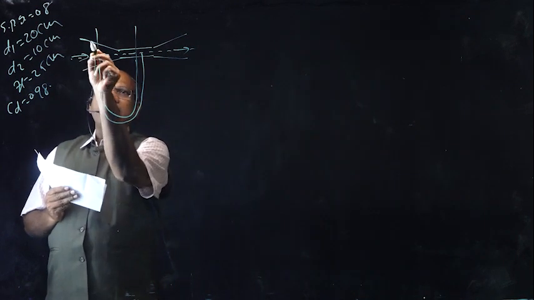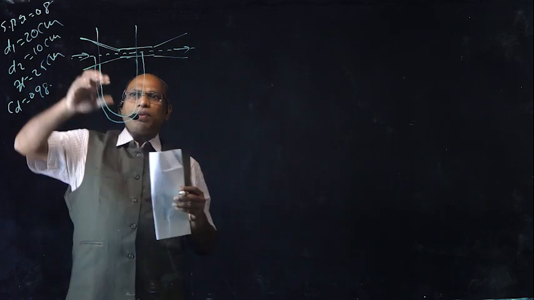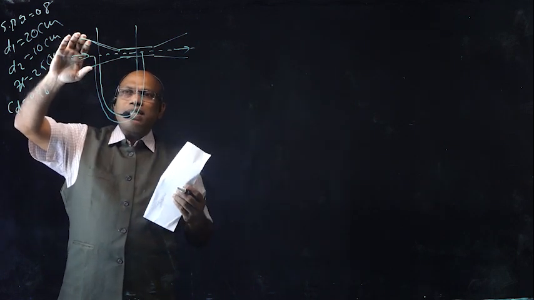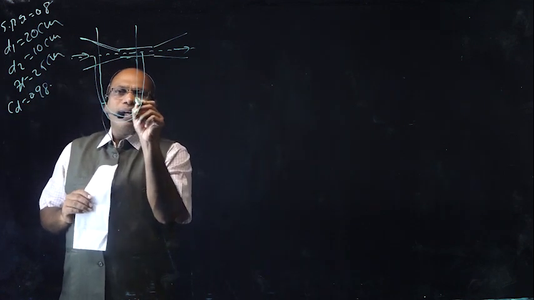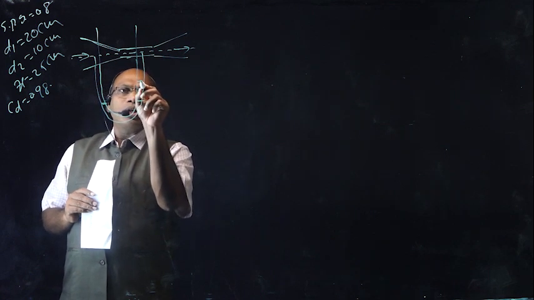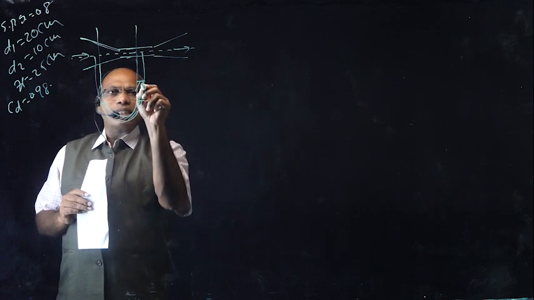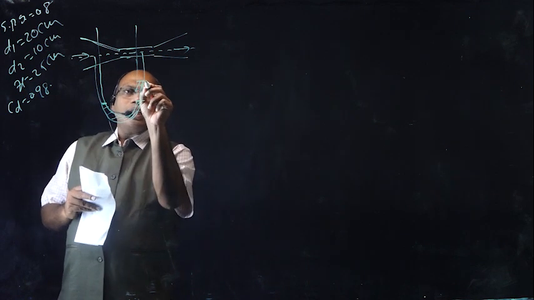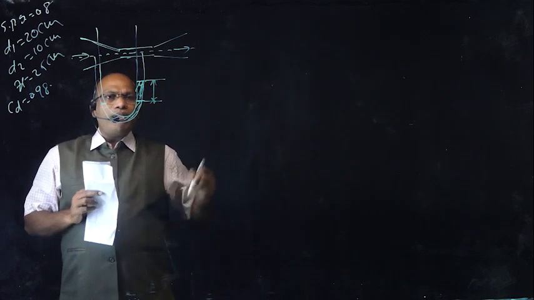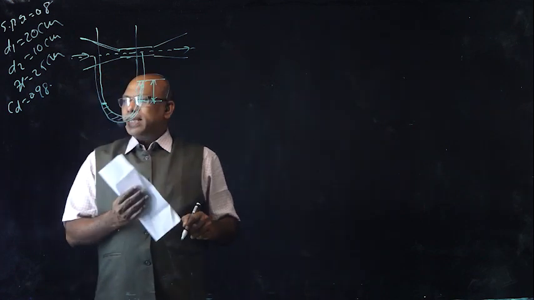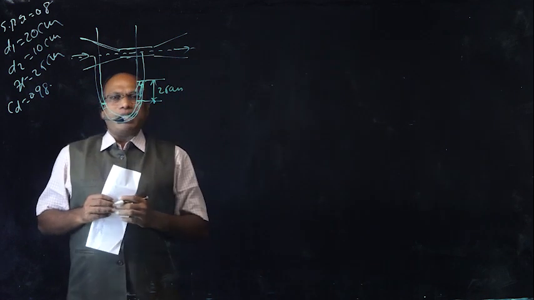Because the cross-sectional area is more here and less here, the pressure head is more here, so the mercury level in the manometer moves in this direction. In this problem, the mercury level difference in the manometer, x, is equal to 25 centimeters.